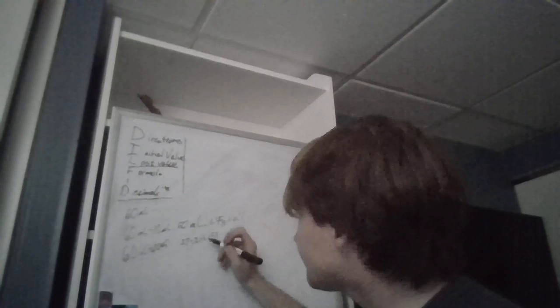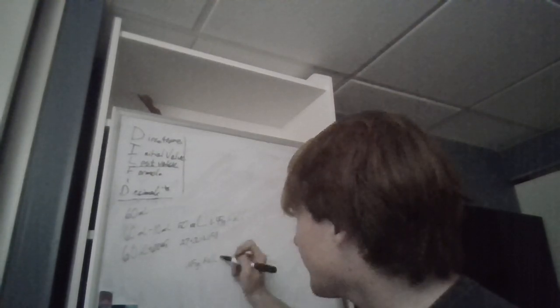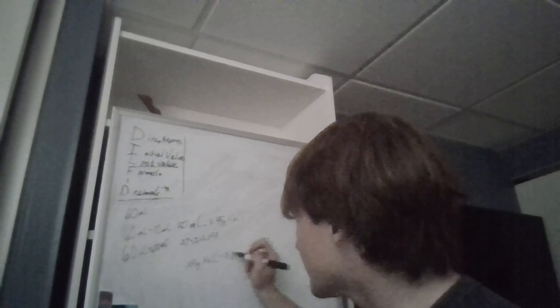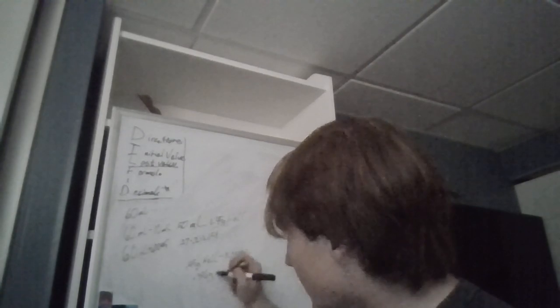So now we're taking our 0.45 grams NaCl minus 0.054, which is 0.396 grams NaCl to make it isotonic.